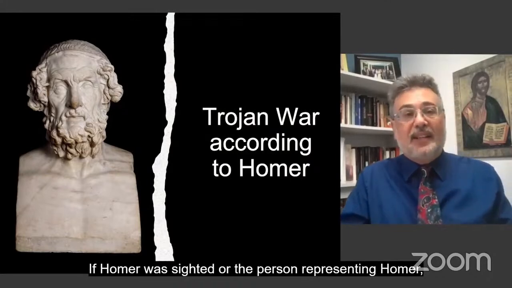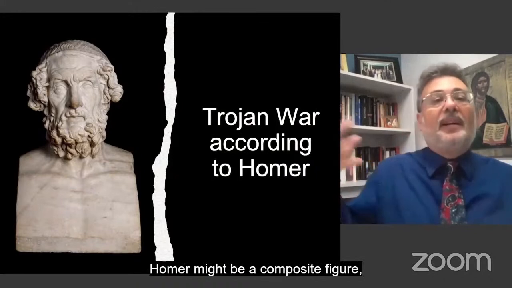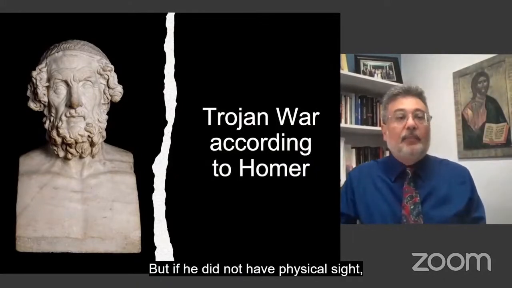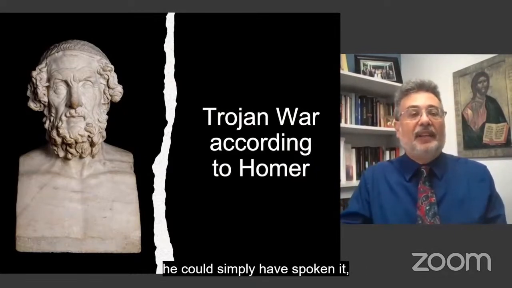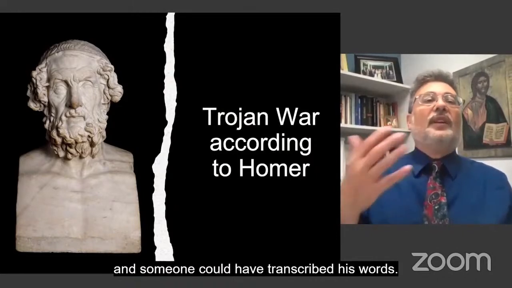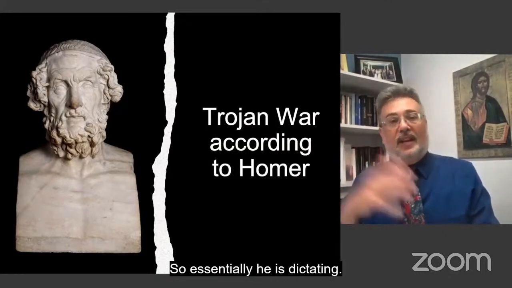If Homer was cited, or the person representing Homer might be a composite figure, he could write it down himself. But if he did not have physical sight, he could simply have spoken it, and someone could have transcribed his words. So essentially, he is dictating.